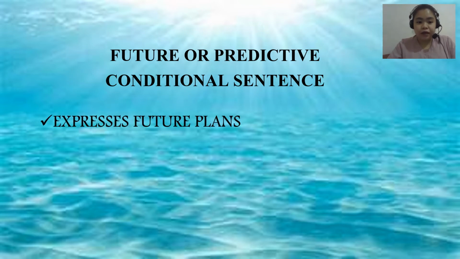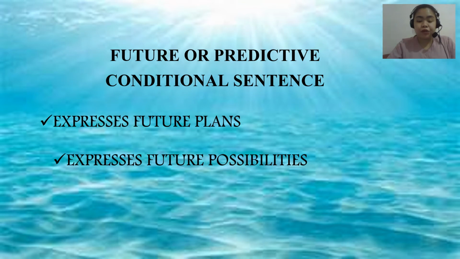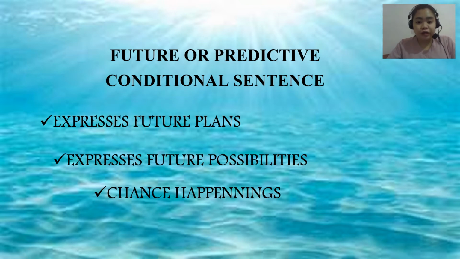It says here, it expresses future plans, expresses future possibilities, or chance happenings. So a future or predictive conditional sentence talks about what could happen in the future based on your actions today. So when we say predictive, it means you are already thinking about what could be the outcome or the result of your present actions.